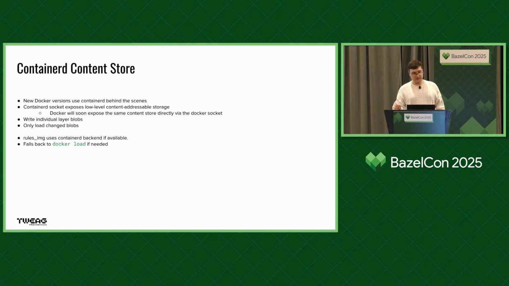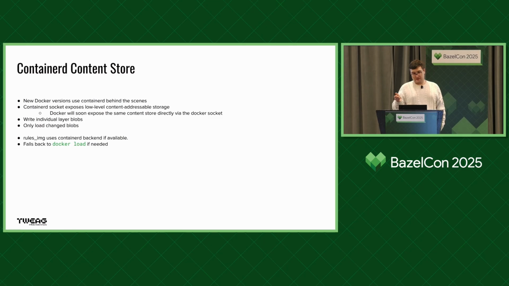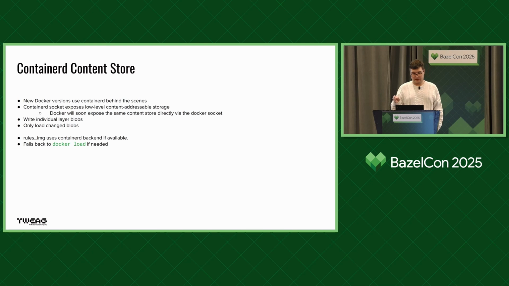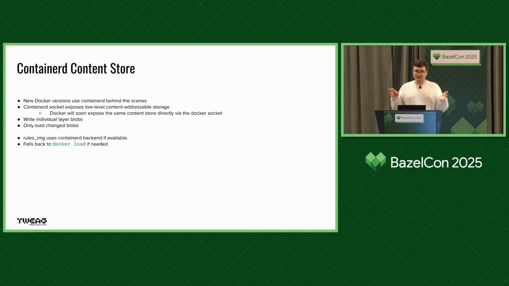So instead, we use the containerd content store. In new versions of Docker, Docker is actually backed by containerd, and containerd exposes a nice content addressable storage behind the scenes, and you can access this via a socket. This works very similar to the Bazel remote cache. You can ask, does this blob with this digest exist?